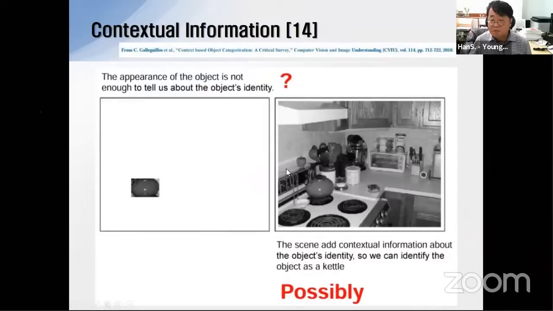Many people call that context-awareness-based object detection. The concept is introduced and announced, but I don't know whether it is successfully applied or not.